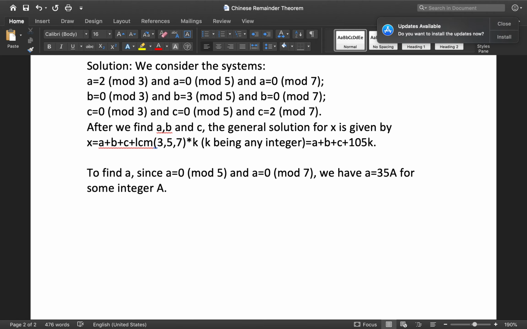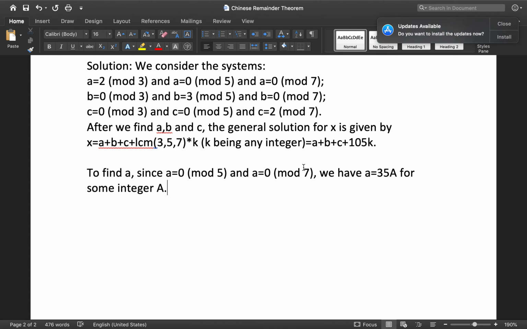Why? Well, these two equations tell you that a has to be a multiple of 5, and at the same time it's also a multiple of 7. So how can it be? Well, because 5 and 7 are relatively prime, you take the LCM, that is 35.